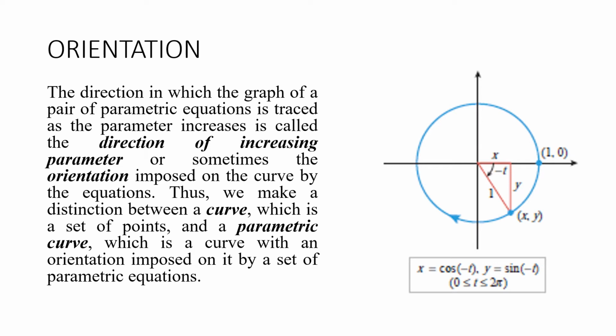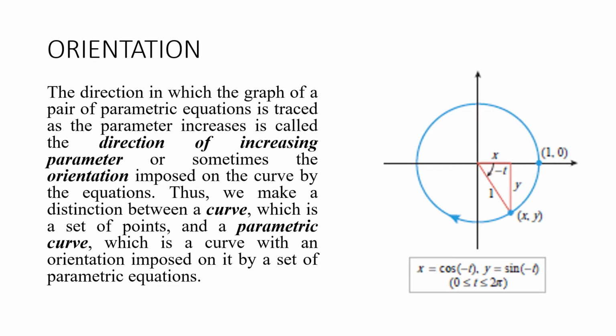Thus, we make a distinction between the curve, which is a set of points, and the parametric curve, which is a curve with an orientation imposed on it by a set of parametric equations. For example, the circle represented parametrically here is traced counterclockwise as t increases, and hence has a counterclockwise orientation.